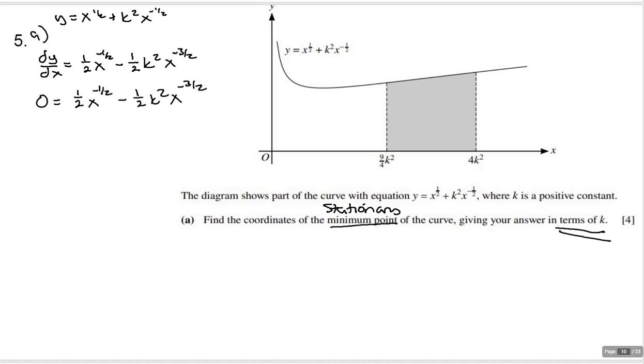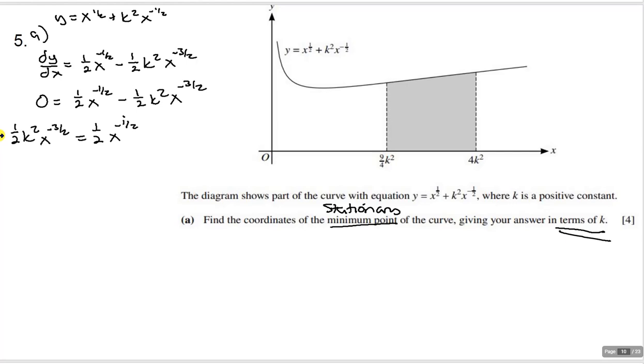Now, the problem is that they've got a couple of terms. You see how this is minus and there's a 0 over here? I'm probably going to go ahead and add this to both sides. So when I add this to both sides, it looks like this: 1/2 k squared x to the negative 3/2 is now equal to 1/2 x to the negative 1/2.